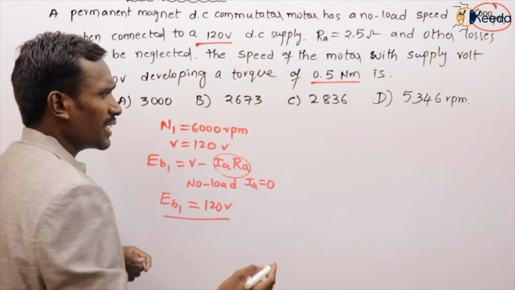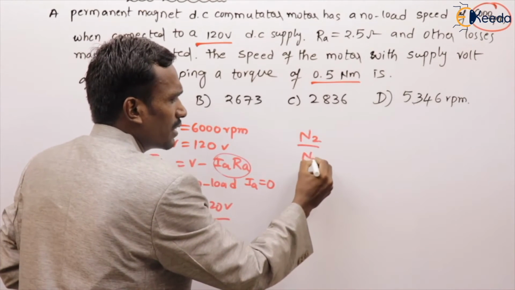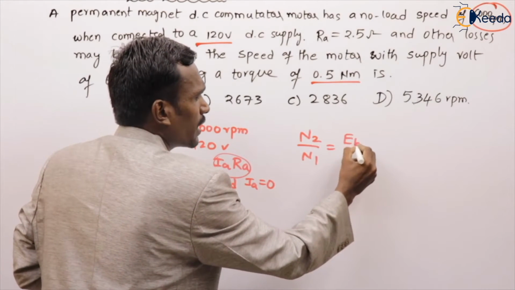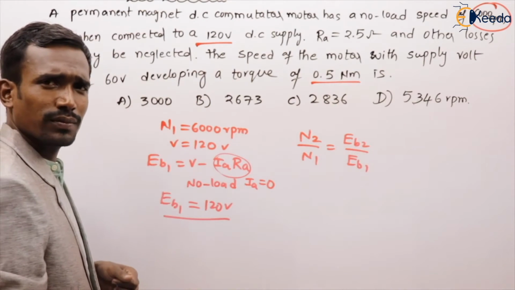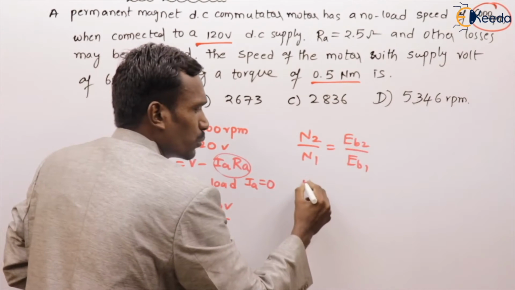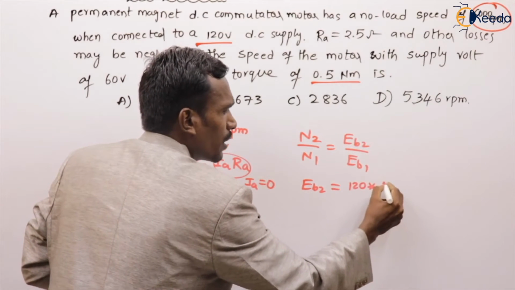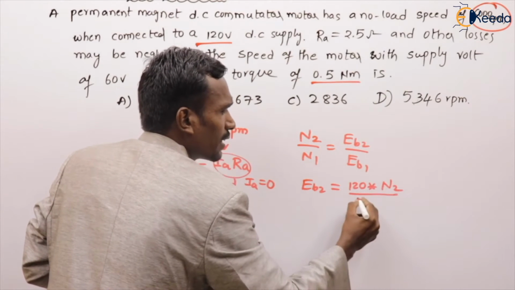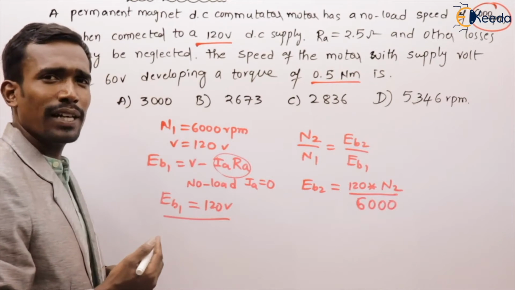Okay. So generally, we know that N2 by N1 is equal to EB2 by EB1. I want EB2. EB2 is equal to EB1 into N2 by N1.